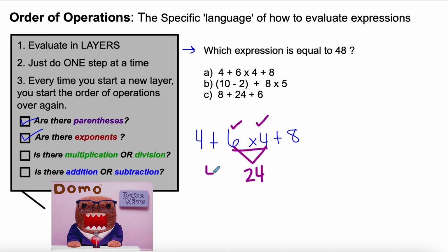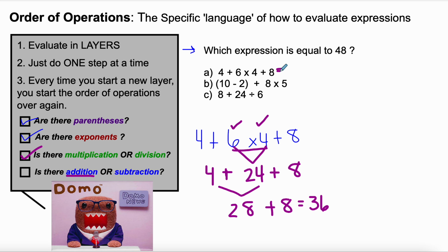We're going to bring down our 4 plus, our plus 8, and now we're just left with addition. So check that off. Now we just have addition. And now we're going to go from left to right. So 4 plus 24 is 28, plus 8. 28 plus 8 is equal to 36. So that first expression is equal to 36.